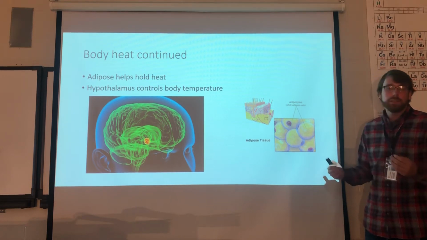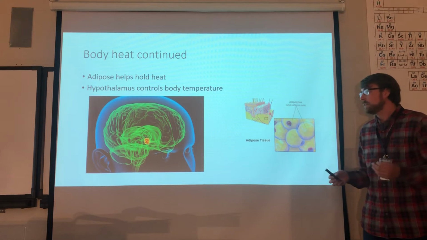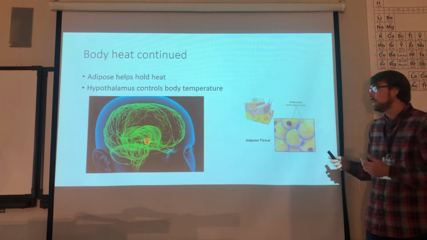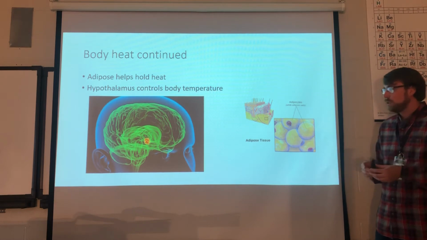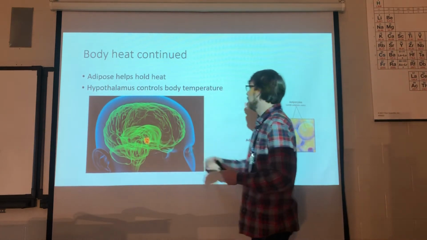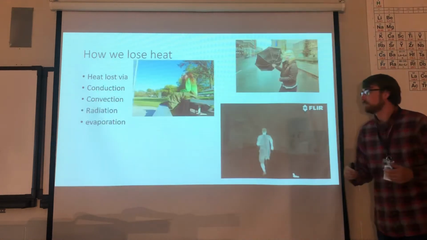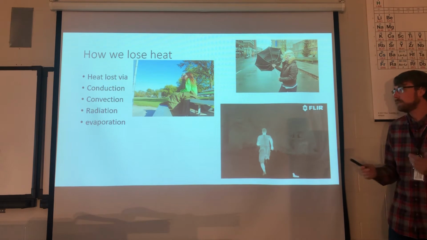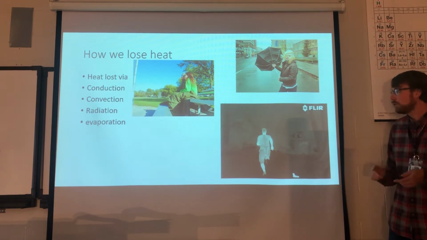So, to continue a little bit about body heat, we have adipose tissue, which is fat, which helps hold heat. Your body temperature is controlled by the hypothalamus, which is that region in your brain. So we lose heat in a few different ways. We lose it via conduction.